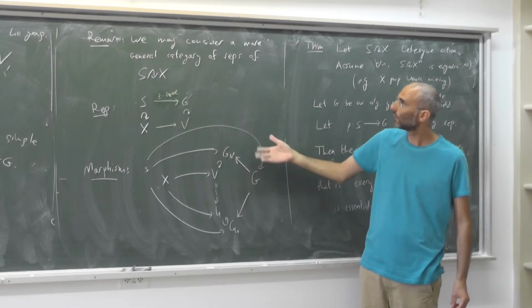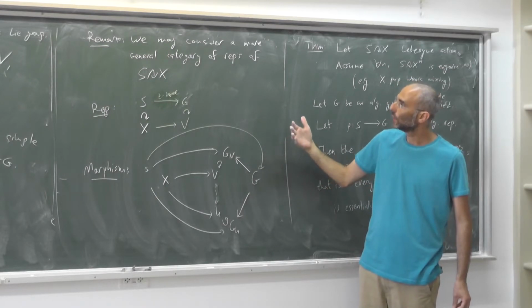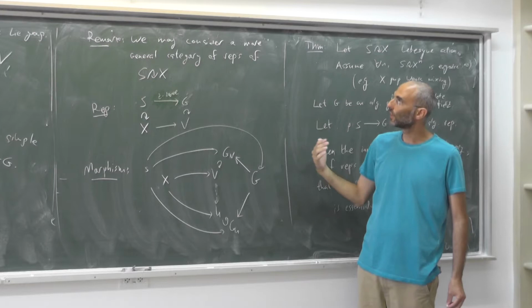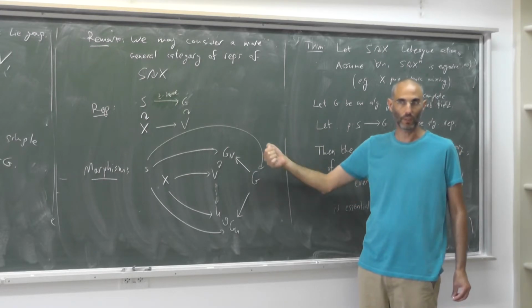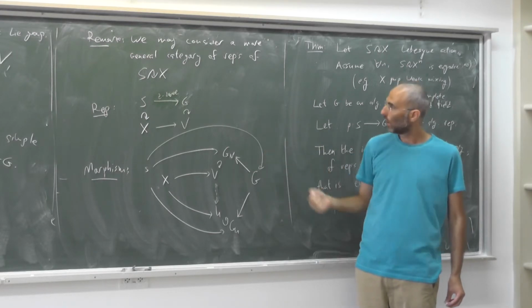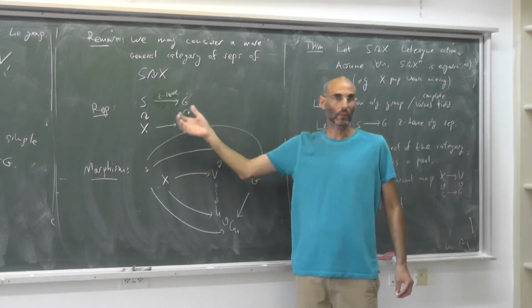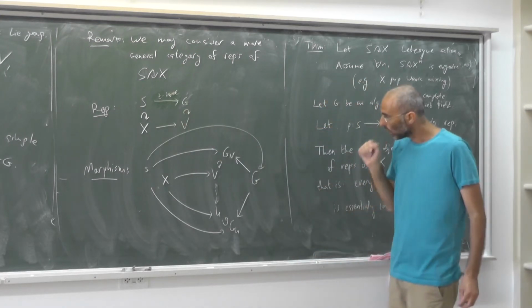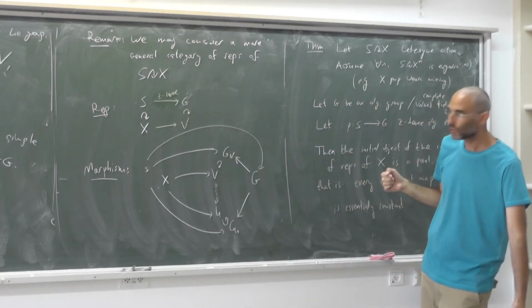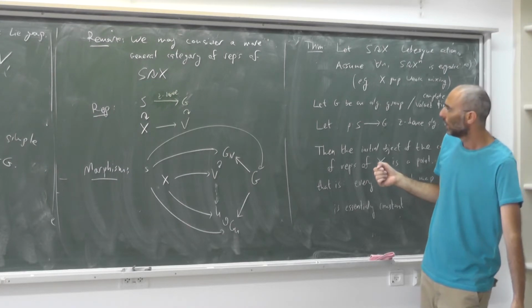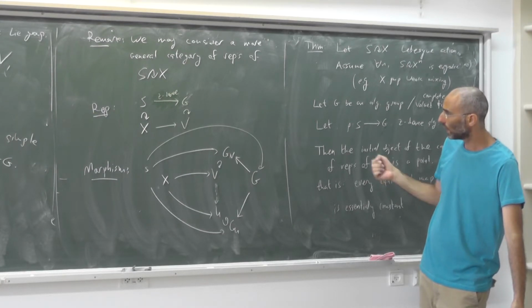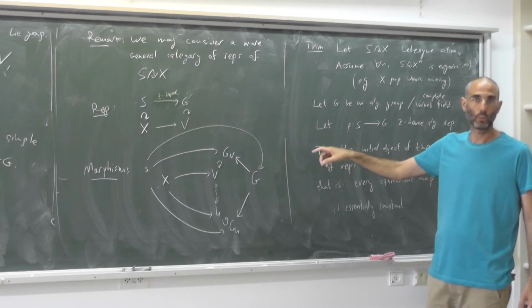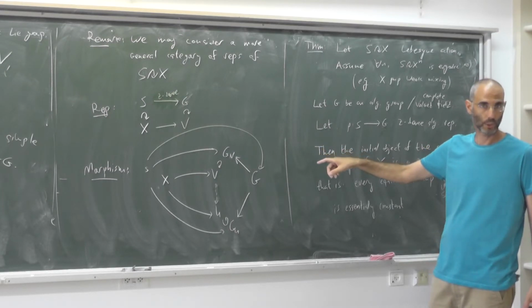Somehow, again, it reflects better not the representation theory of X relative to the given representation of S to G, but altogether. I prefer not to consider this because this category is too big and I will not have an initial object.